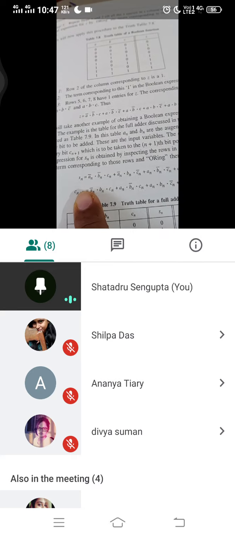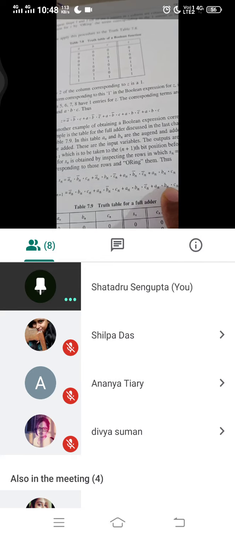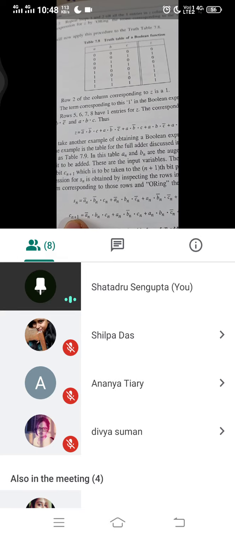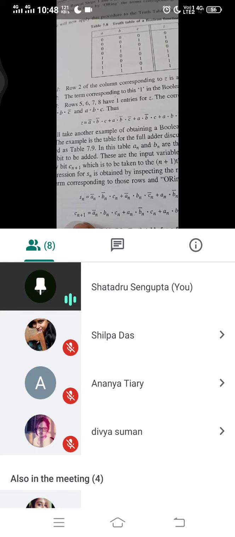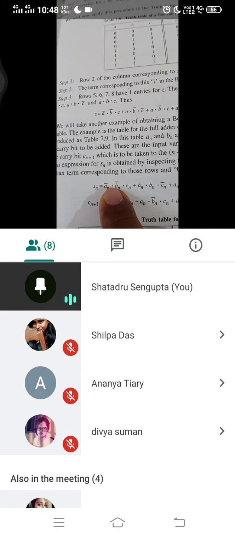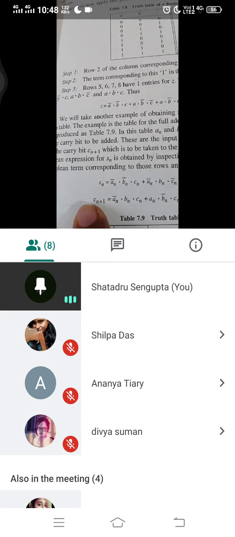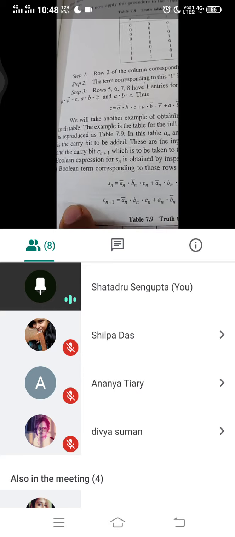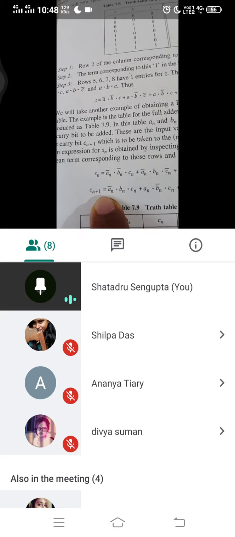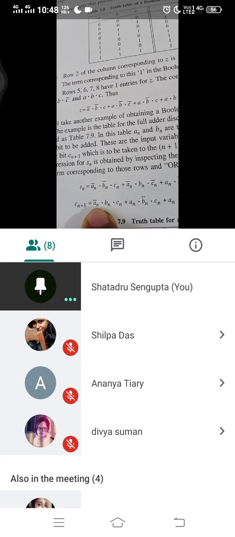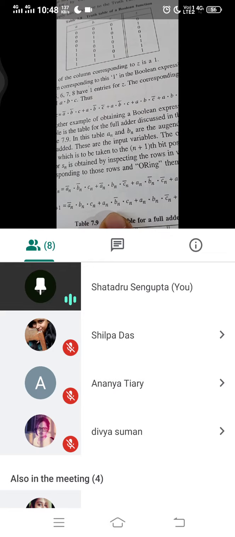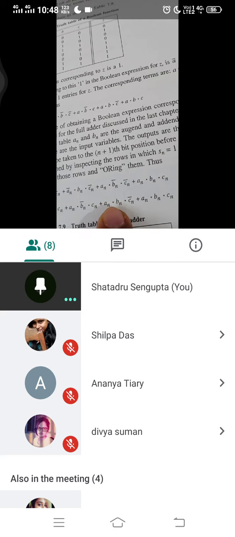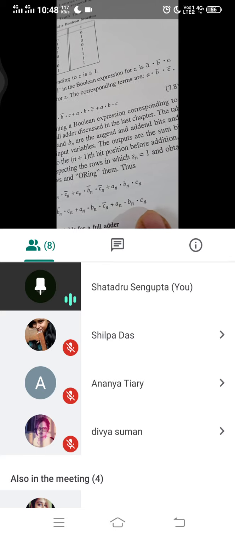So these are the sum, and for this it is Cn plus 1. Why? Because for the sum n, the carry is going to the next bit, that is on the left. So that is why it is Cn plus 1. That is given by not A, B, C; A, not B, C; A, B, not C; and A, B, C.